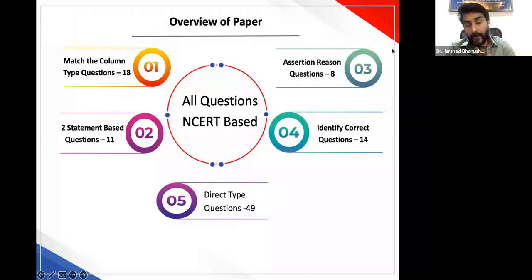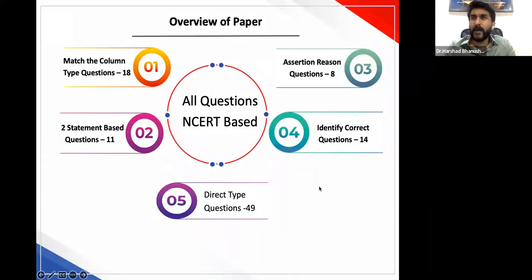You had 14 questions where you had multiple statements and you had to identify which or how many of these were the correct statements. You had 49 straightforward direct option selection type of questions. So this is the distribution with regard to the type of questions which were asked.